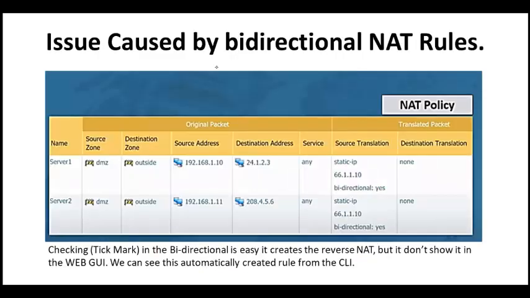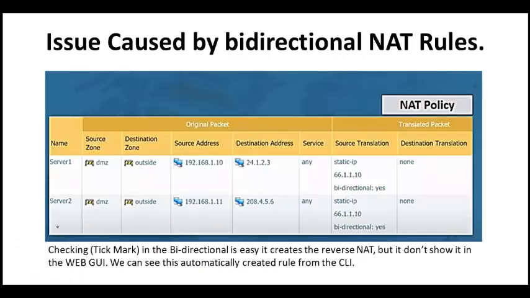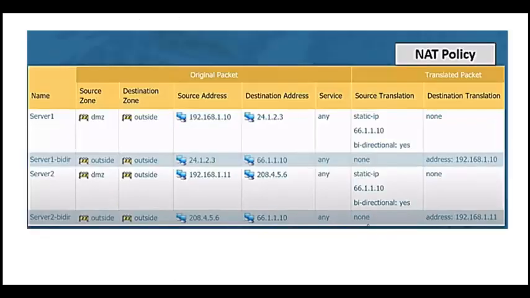When you have a bidirectional NAT rule, meaning, you see, bidirectional is set to yes. I think I have the picture in another place. So you made a tick mark here.